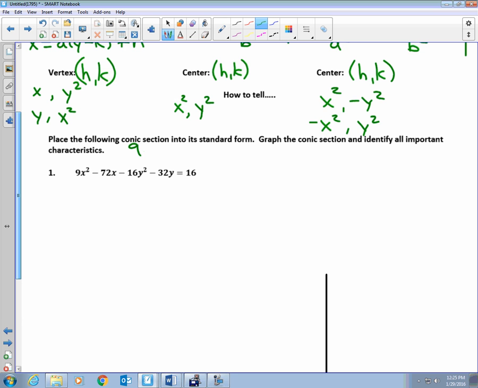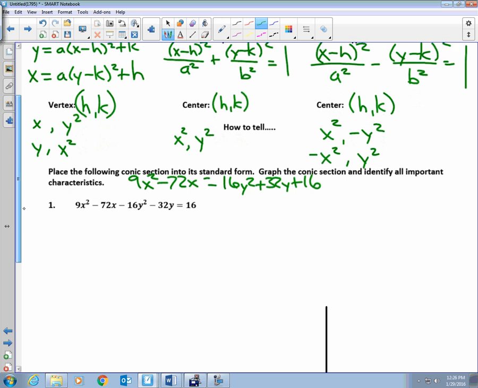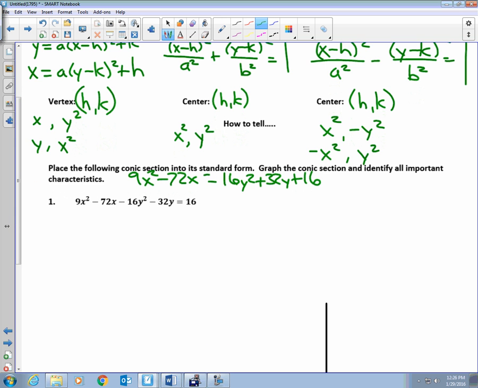If I wrote it as 9x squared minus 72x equals 16y squared plus 32y plus 16, then they would both be positive, right? But it's still a hyperbola. So when we talk about one being negative, that means as they're on the same side of the equal sign, okay? So that's what's important.